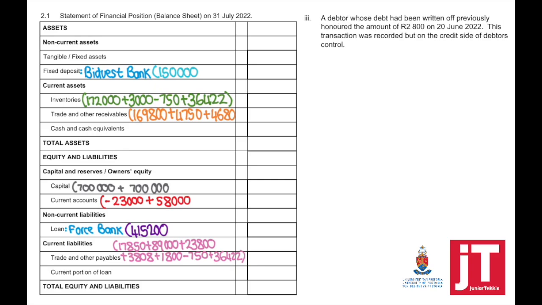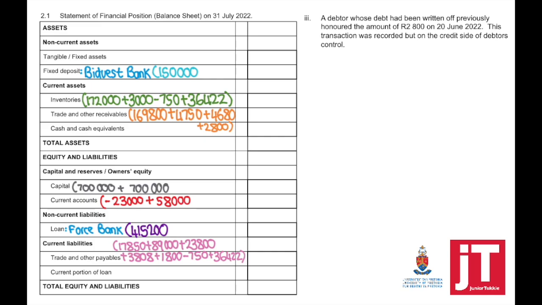Third adjustment, a debtor whose debt had been written off previously honored the amount of 2,800 on 20 June 2022. This transaction was recorded, but on the credit side of debtors control. It means that we've incorrectly credited debtors. This person is no longer a debtor to the business.